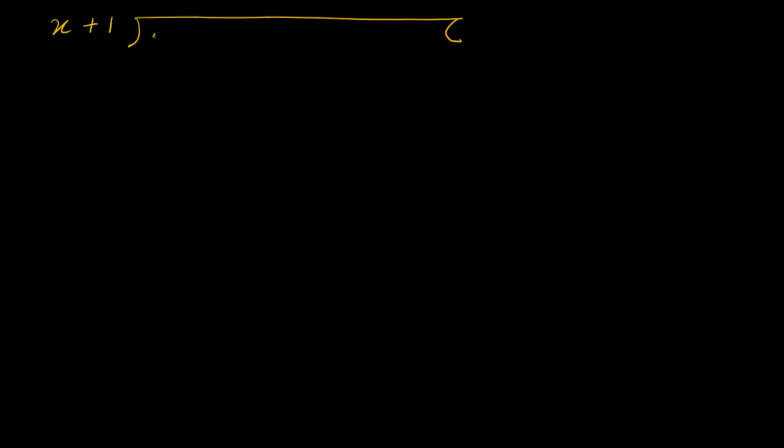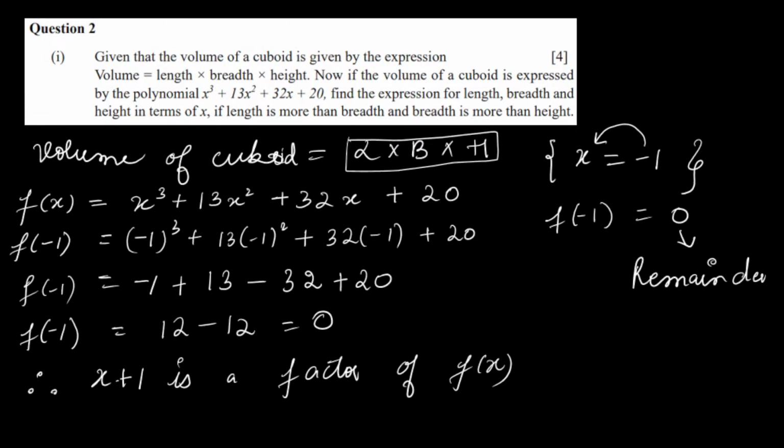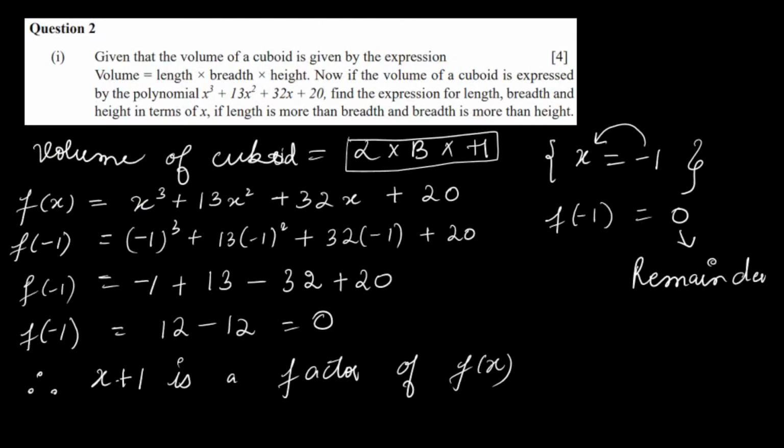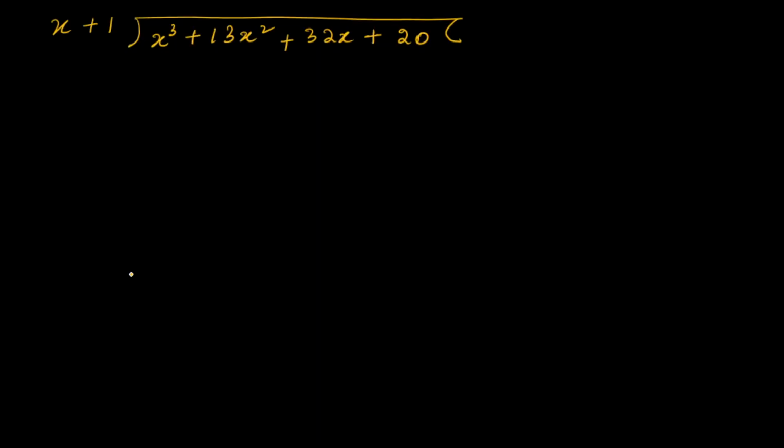So x cube plus 13x square plus 32x plus 20. First, the factor by trials we have to find. So I found the first factor x plus 1. Now with this factor we have to divide the given polynomial.